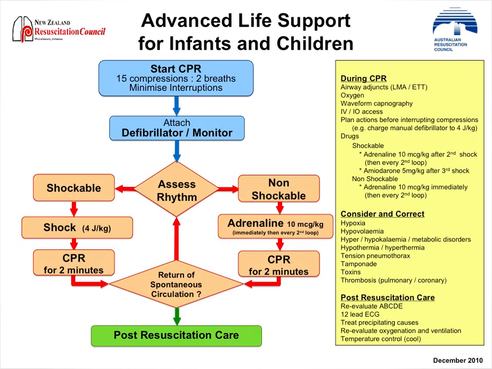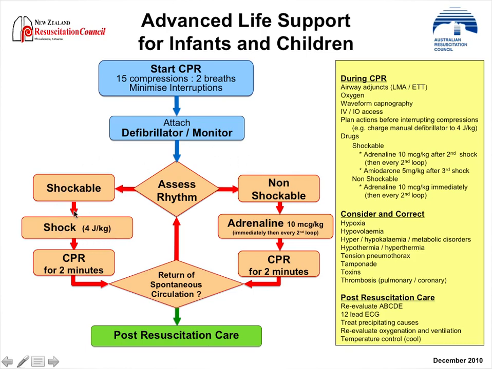I want to move on to the same algorithm for infants and children. There are a number of differences in the child algorithm. You'll notice now that during CPR it's 15 to 2, whereas it was 30 to 2 before. Still attach your defibrillator, still assess your rhythms.